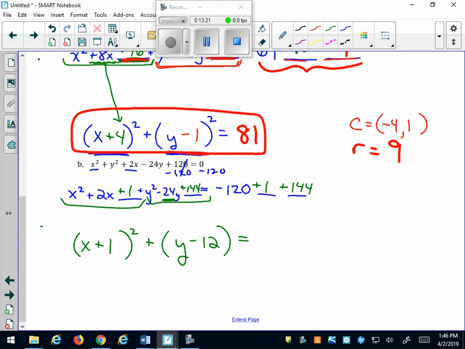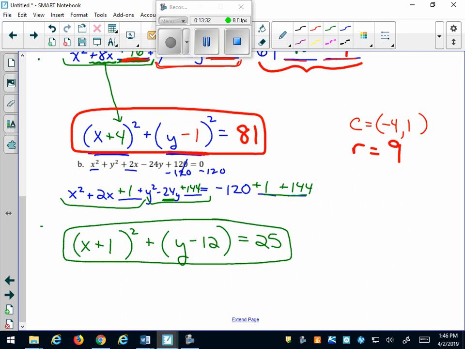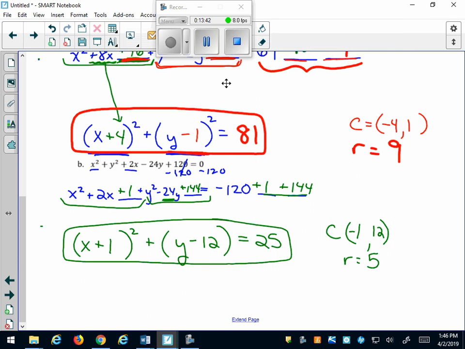So we basically have 145 minus 120, which is 25. Here is the equation of our circle. And the center is at negative 1, 12, and the radius is 5.